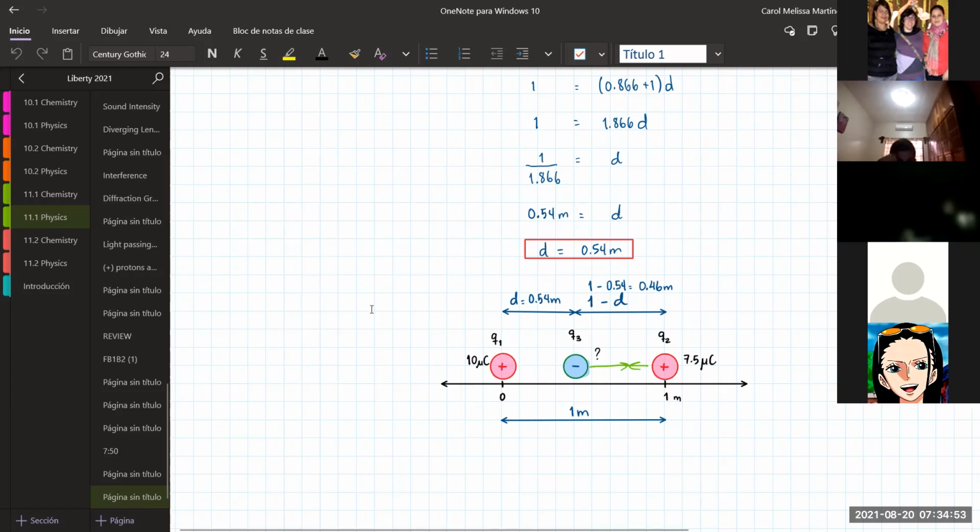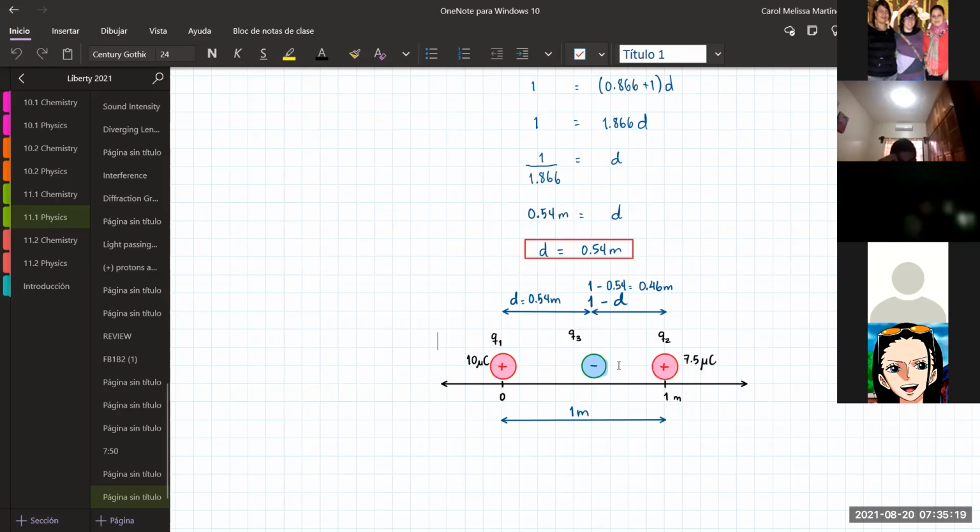So I'm just going to arrange it for it to make sense. So basically, my charge is more to the right. All I did was analyze the distances.